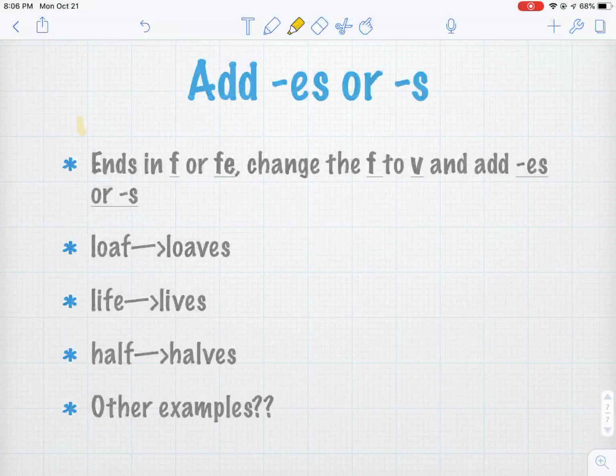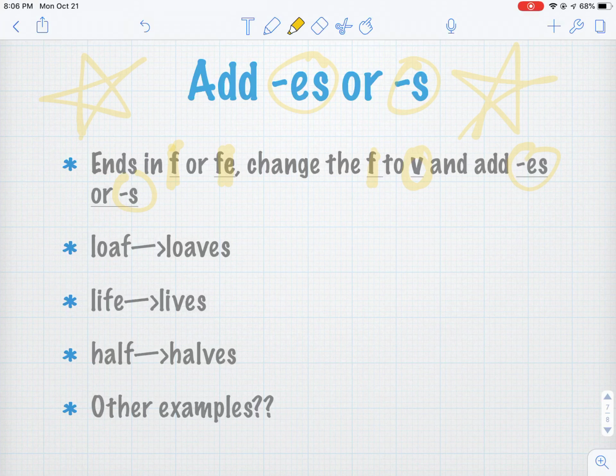Now this one I think is probably the trickiest when it comes to spelling, because you can be adding an ES or an S, but it simply depends on what the word ends in. So if a word ends in an F or an FE, you change the F to a V and add ES or S, depending.